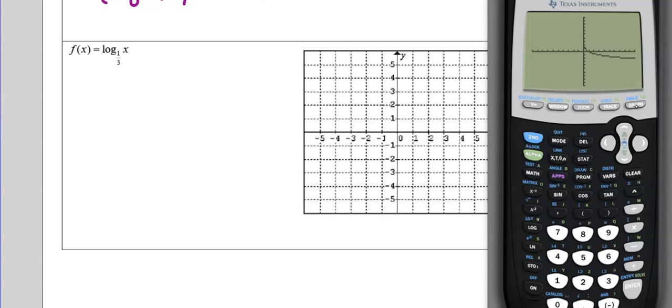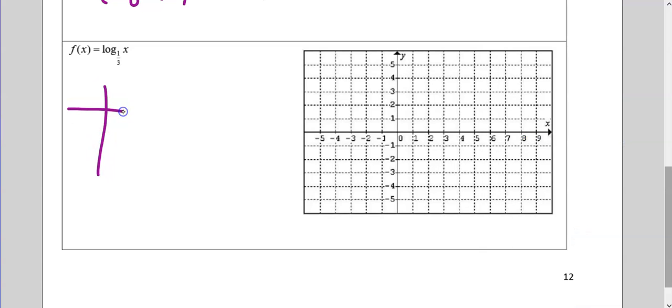And then I would go to my table, and I would get (9, -2), (3, -1), and of course (1, 0) again. All right, so (9, -2), (3, -1), and (1, 0).